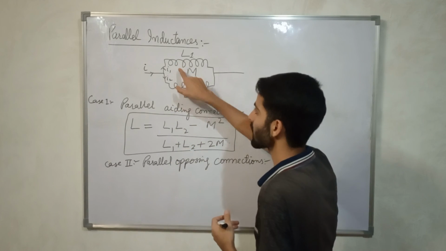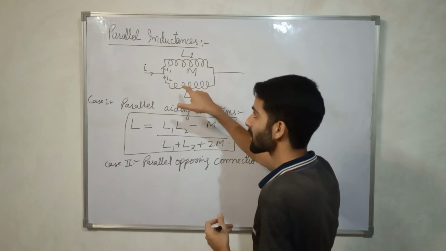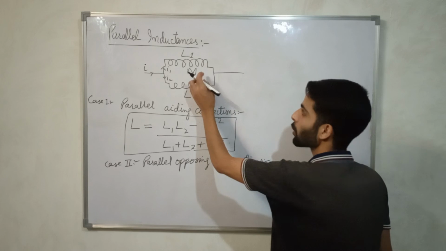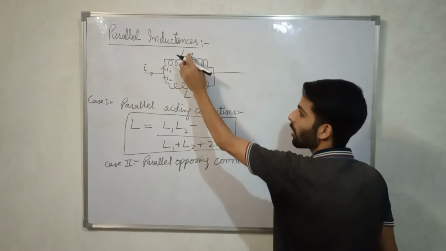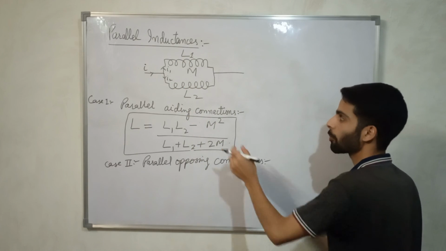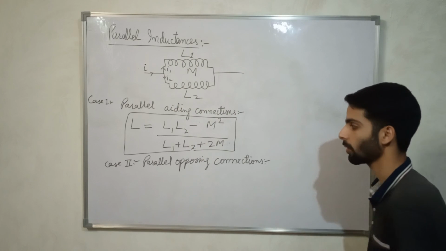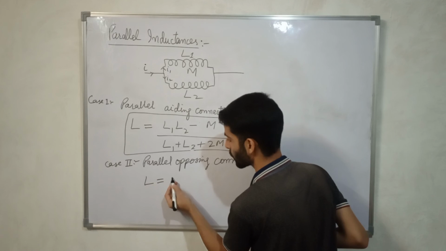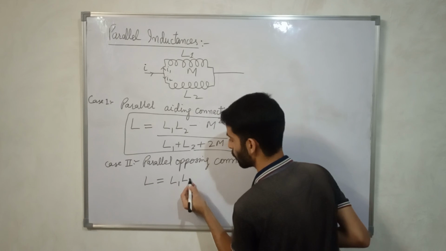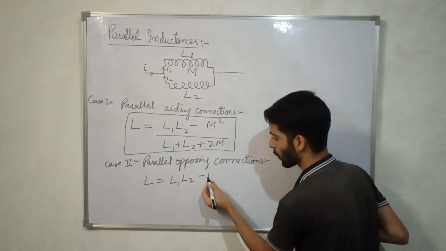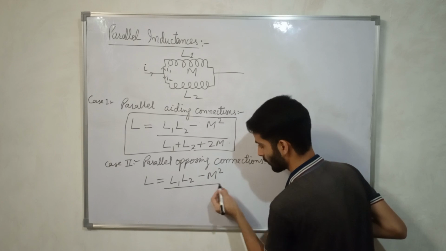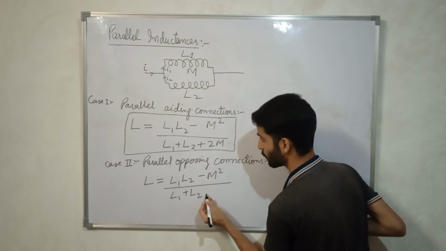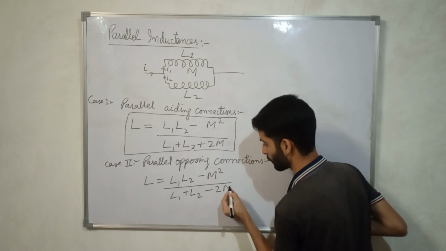Those two inductances are in parallel, but the effects of both are opposing one another, and the mutual inductance between those two parallel inductors is opposing the individual inductances. Okay, so in this case the formula will be L equals (L1 L2 minus m square) upon (L1 plus L2 minus 2m).